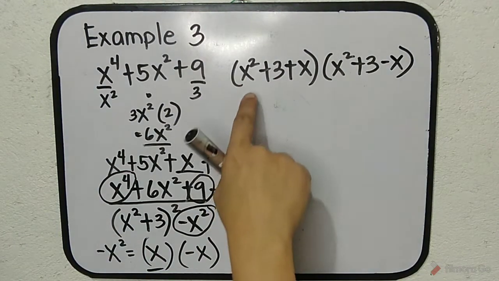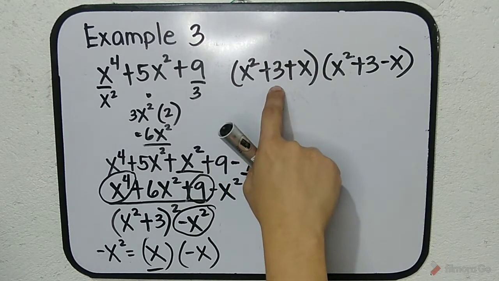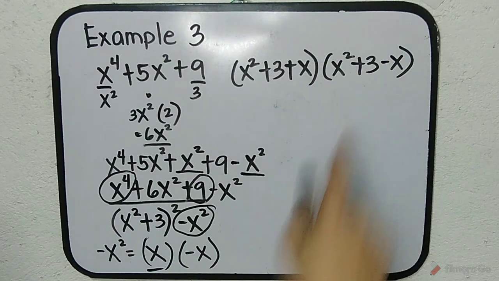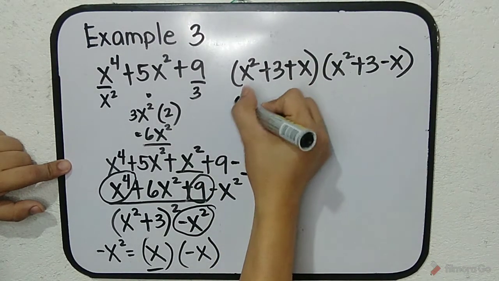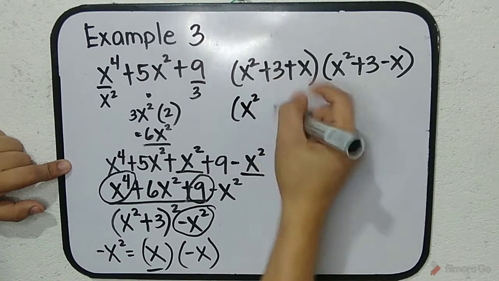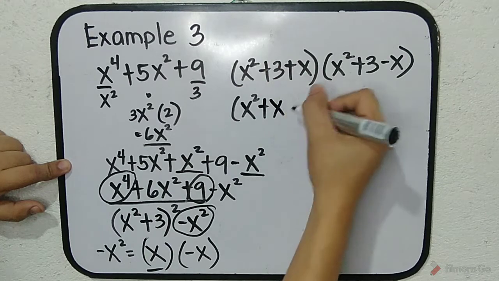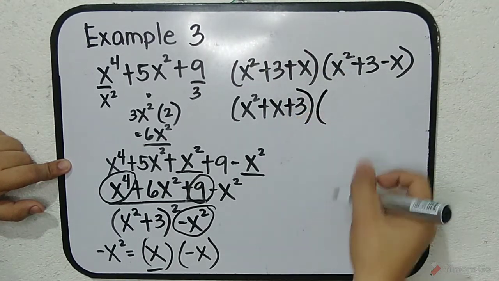Now, i-arrange lang ulit natin siya. Yung ating x squared plus 3 plus x, and x squared plus 3 minus x. I-arrange lang ulit natin siya na mauna yung may variable. So, x squared, nauna yung plus x, sunod yung 3. Then, sa kabila, ganun din.